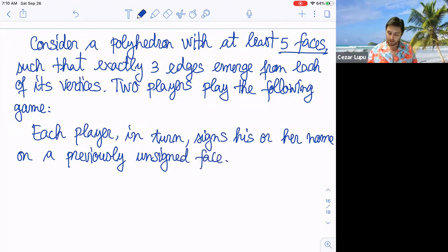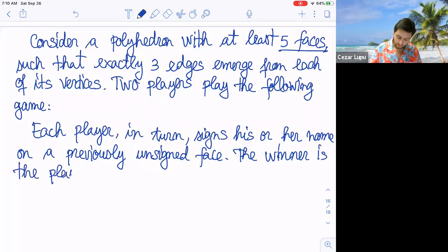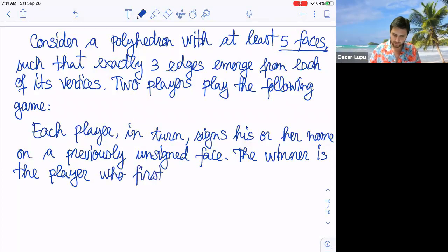Okay, the winner is the player who first succeeds in signing 3 faces that share a common vertex.